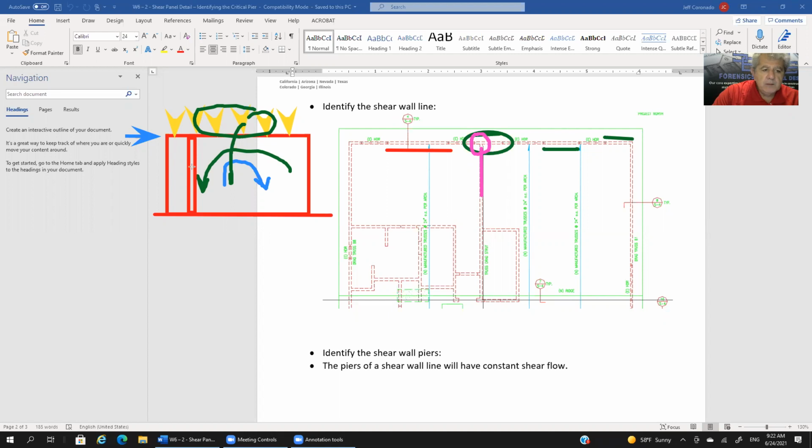But what do you think this intersecting wall does for us here? Sure, when this tries to overturn, because these are connected here, right? This wall is connected here and here.